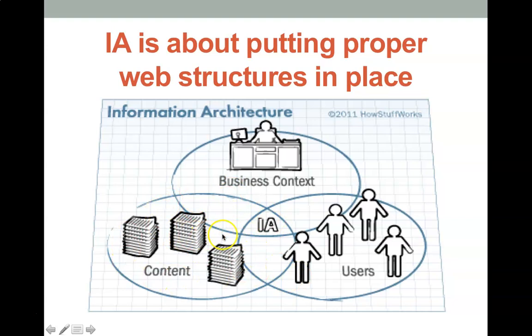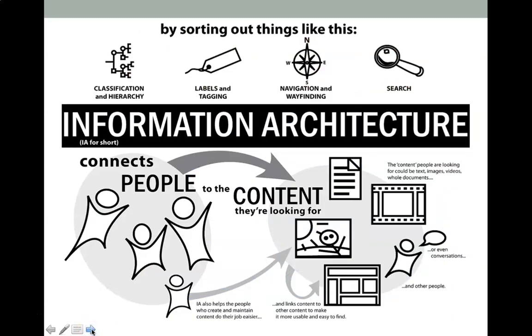It takes into consideration the business context, the content that we are trying to get out there, and of course our users, our customers. So information architecture is finding that sweet spot in the middle that brings all three of them together.